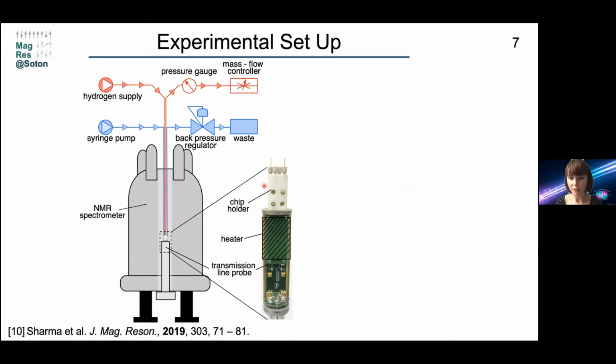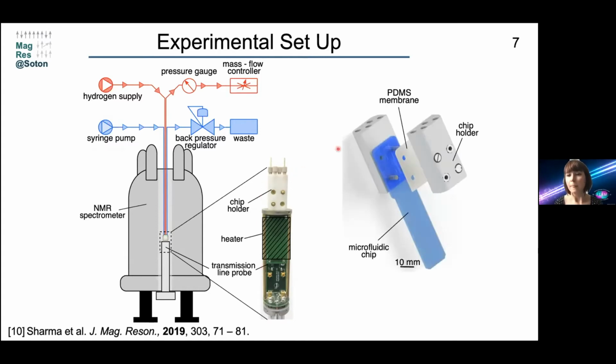And here we have our chip holder. The chip holder holds the assembled microfluidic device together with the PDMS membrane. It also has threaded nanoports, which align with the channels on the chip and allow for the delivery of substrate and the gas.